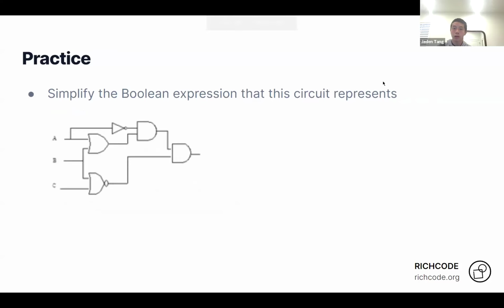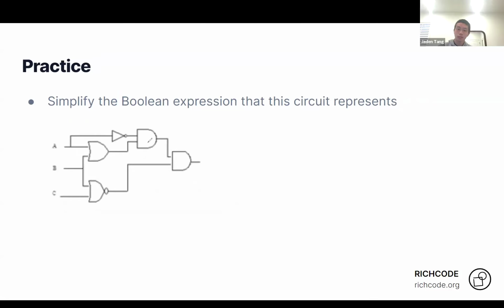Okay, next problem: we're given this Boolean expression and we need to simplify it. Basically just get an output that's as simplified as possible.